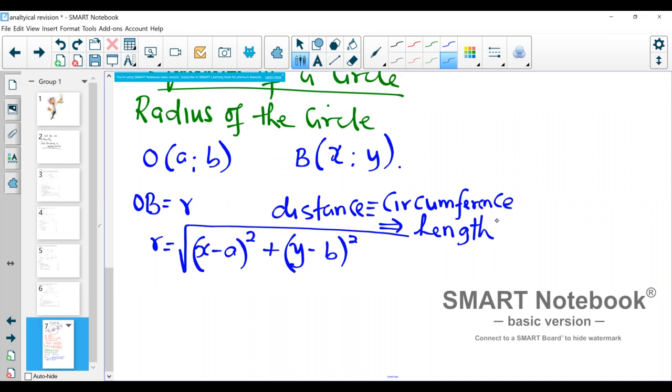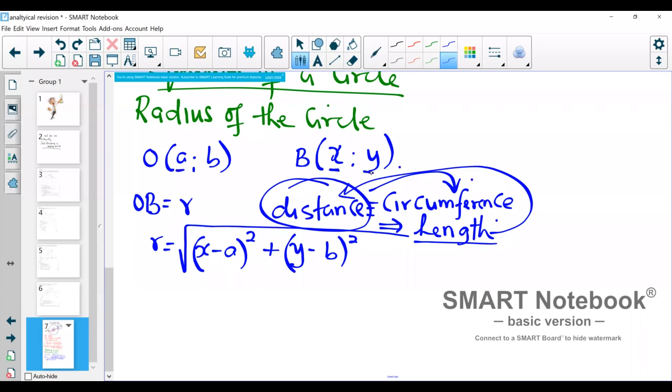So distance is actually used as the length. What is the length of the circle? The length is the distance around a circle, which is known as the circumference of the circle. So we use the distance formula by using r equals all of that, so we have x minus a and y minus b.